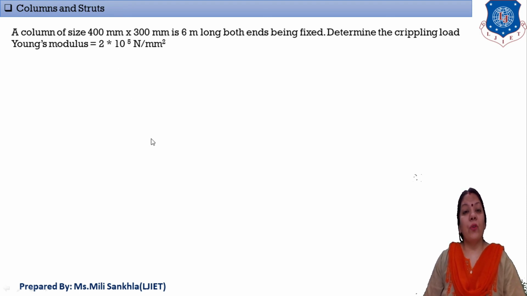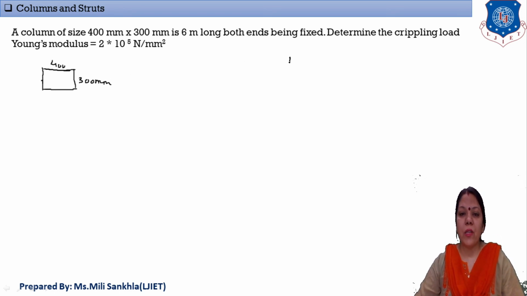Again, before solving this example, we read the given data properly and then we solve it. Column of size 400 by 300 mm. Here our column section is given. Now one by one we write down the data.